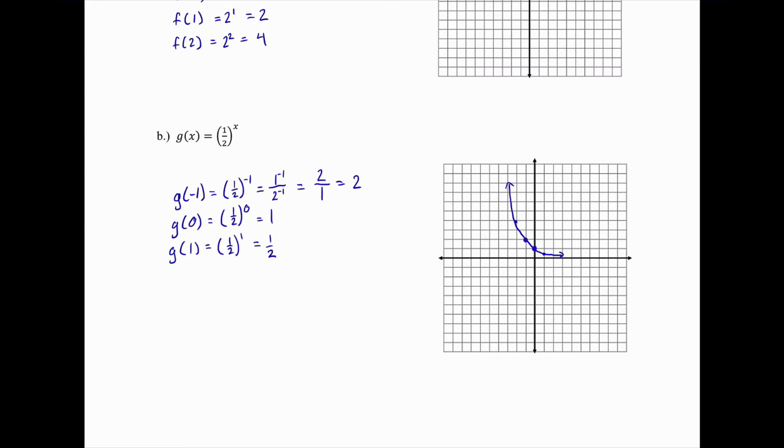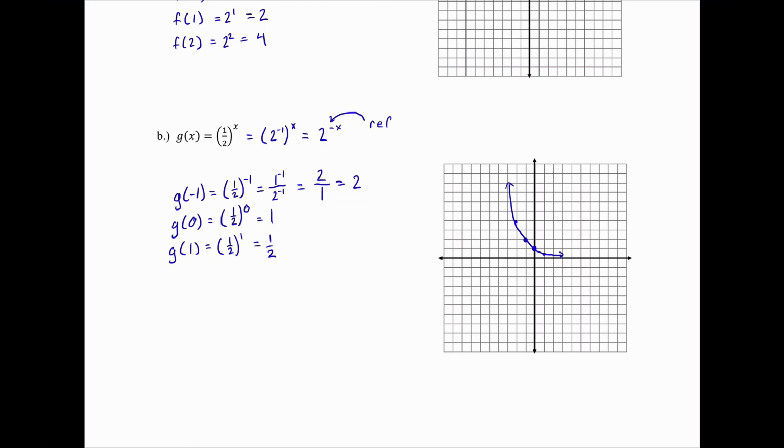Of course, you may have been able to just do it this way as well. You could take the 2 and put it in the numerator, and then you'd have 2 to the negative 1 to the x. And then whenever you raise a power to another power, you simply multiply the exponents. So this gives me 2 to the negative x. And based off of what we know about transformations, this negative in the exponent is going to be a reflection.